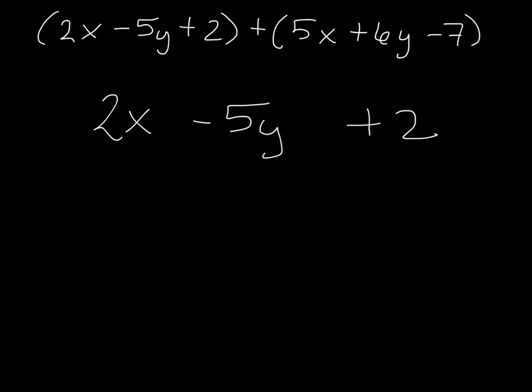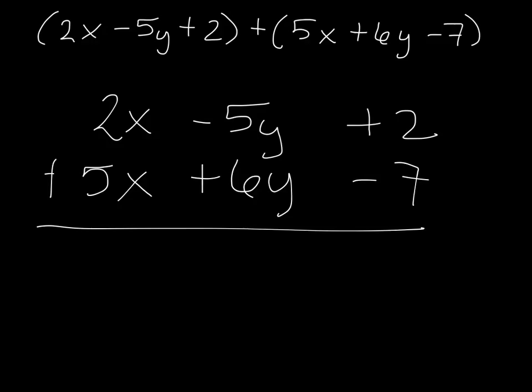We're going to put this 5x underneath the 2x, the plus 6y underneath the 5y, and this negative 7 under the 2. Now, in one step, we've identified the like terms and lined them up, so we can just add down. So we've got 7x plus y minus 5. So we get the same answer.